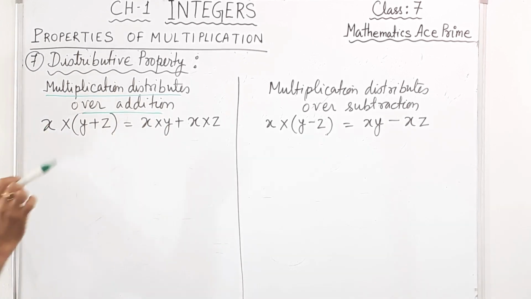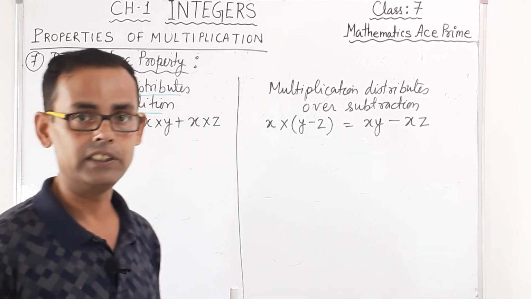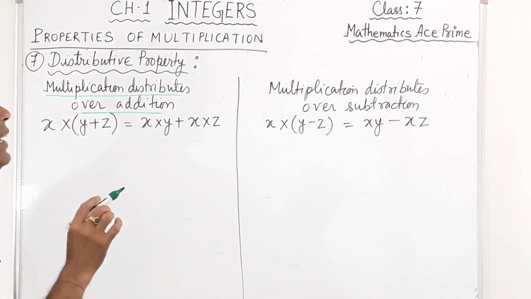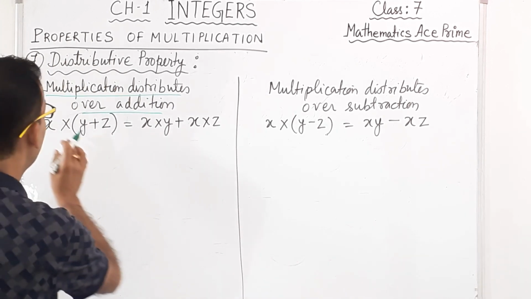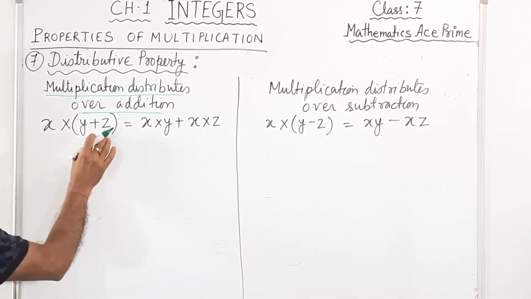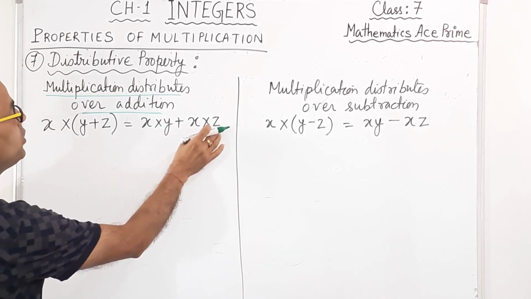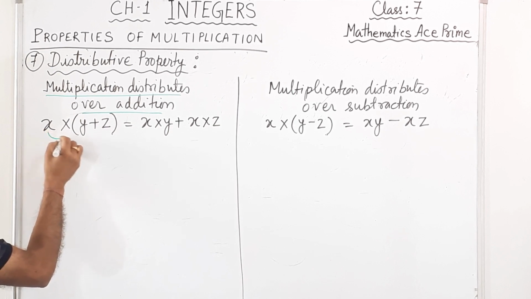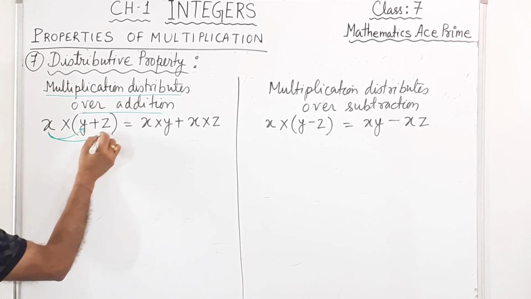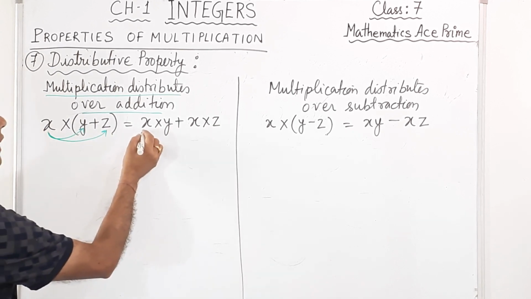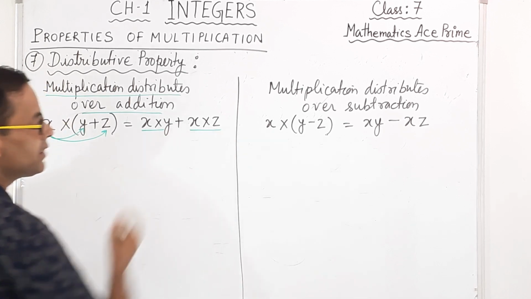If x, y, z are three integers, then x into (y plus z) equals x into y plus x into z. That means if you open it, x is multiplying with y and x is multiplying with z. So that's why xy plus xz.